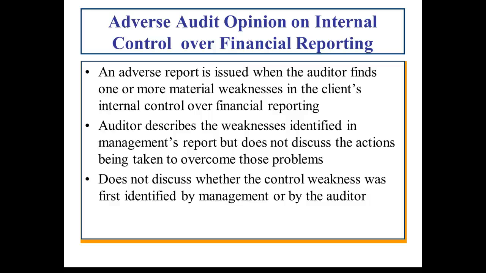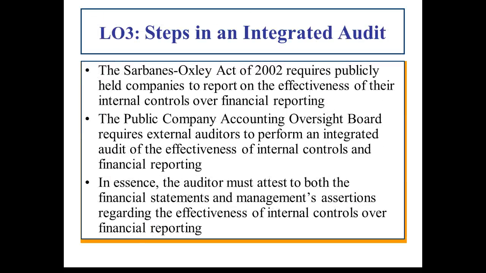The auditor describes the weakness identified in the management's report but doesn't discuss the actions being taken to overcome the problems. And it doesn't discuss whether the control weakness was first identified by management or by the auditor. But you're going to issue an adverse opinion if there's one or more material weaknesses on internal controls.